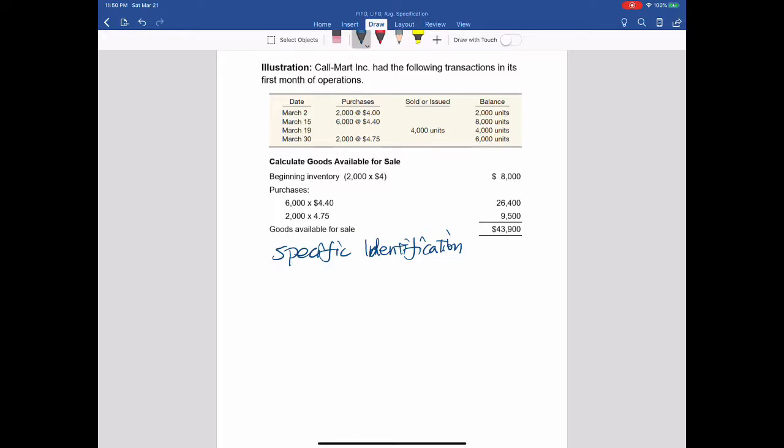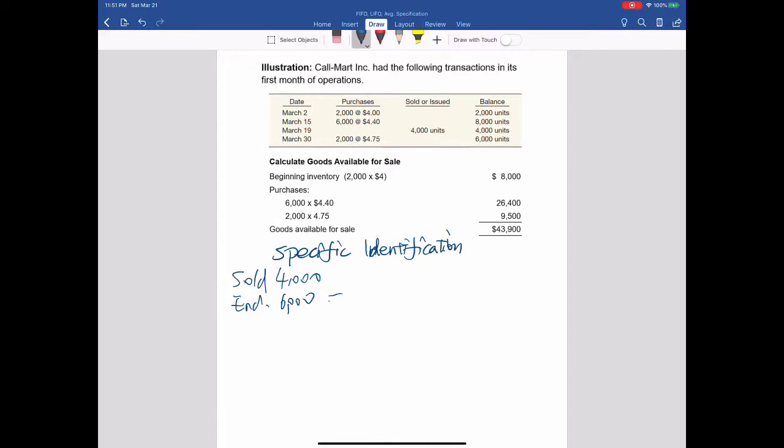So the cost of each item is different and can also be recognized specifically. As we know, there are 4,000 units sold, and the ending balance of inventory is 6,000 units.